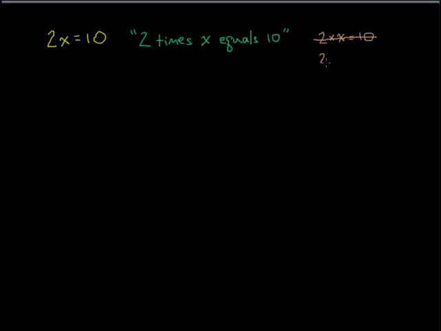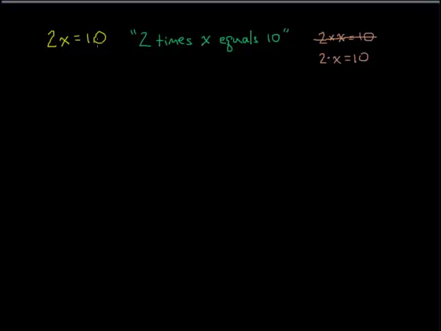We might also see a little dot to represent a multiplication. This involves less confusion, but still it's an extra symbol in between, and you might see it written like this on occasion. So all we mean by 2x is 2 times x equals 10.